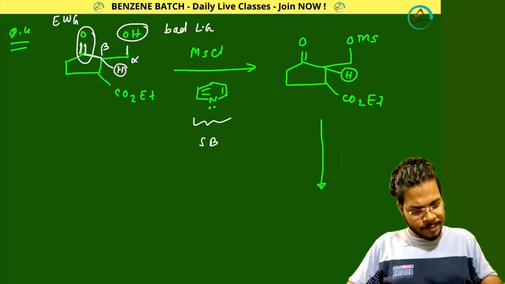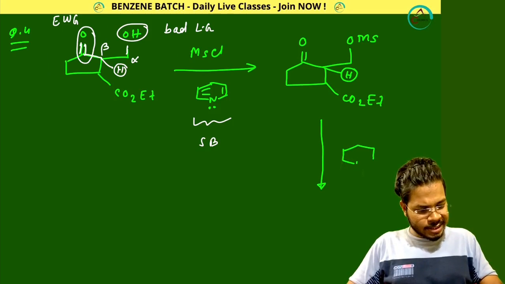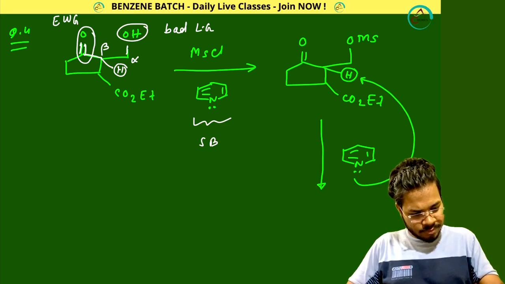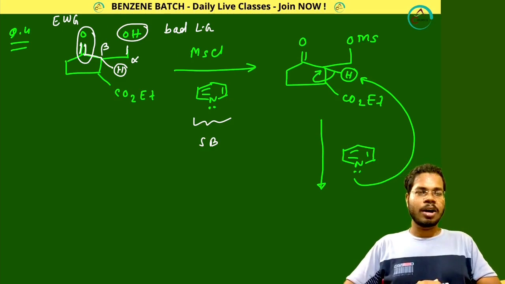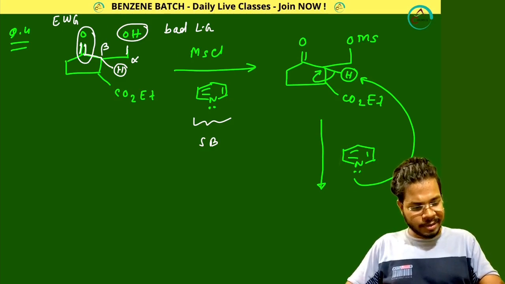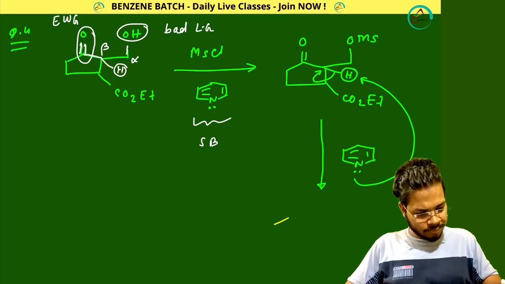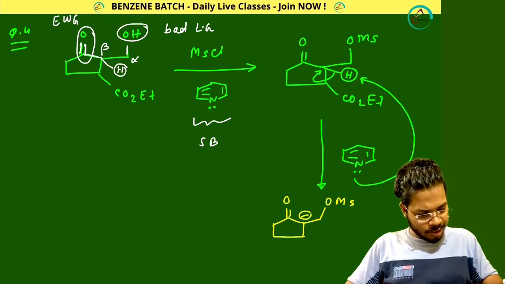Now I will be adding this base in this way. I will be getting negative charge over here on the beta carbon. Similar mechanism, there is no difference. OMs, bad leaving group, negative charge over here, and this CO2Et.